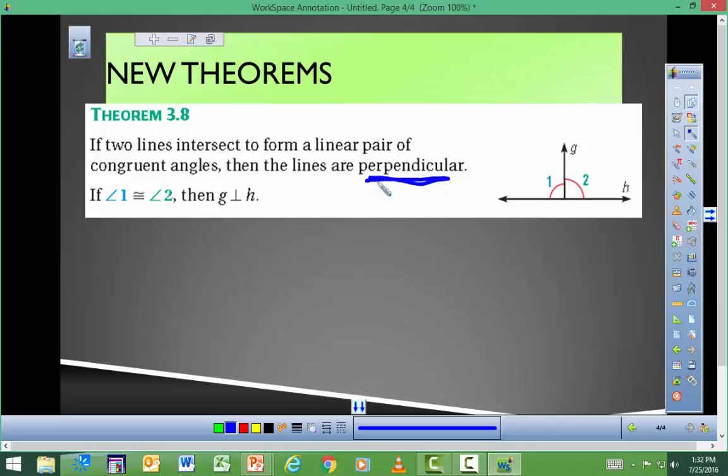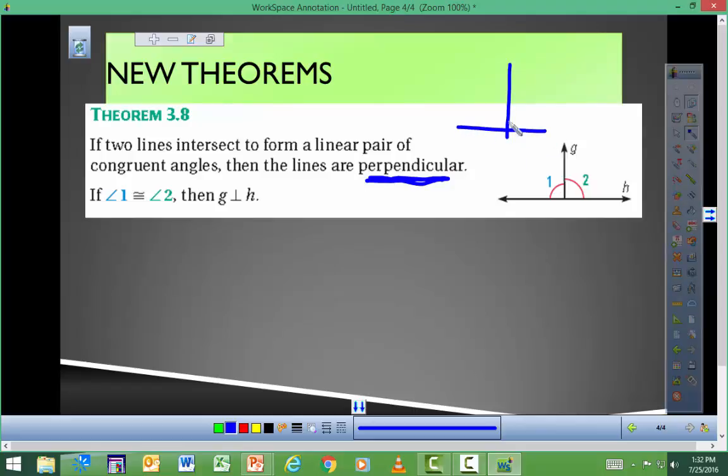When we say two lines are intersecting at right angles, if two lines are perpendicular, they form two right angles. That is what we're getting at also. And in this theorem, it's just saying that those two angles are congruent. Okay. So if two lines intersect to form a linear pair of congruent angles, then the lines are perpendicular. Sounds good to me.